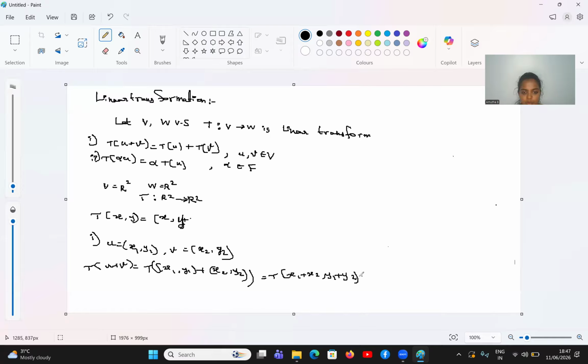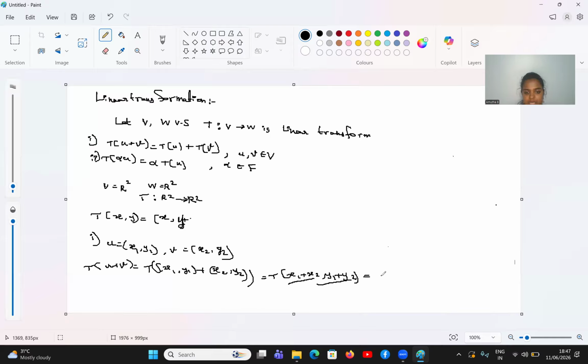So now you can consider this first term as x, second term as y. How can we substitute in this linear map formula? The first component goes to the first component of the map, and the second component goes to the second component of the map.